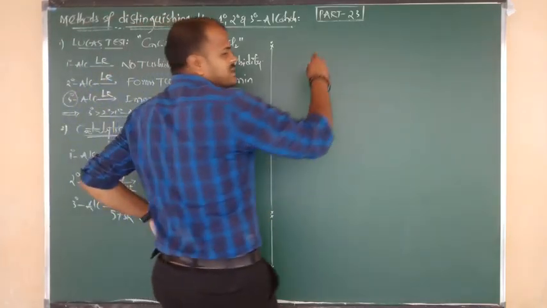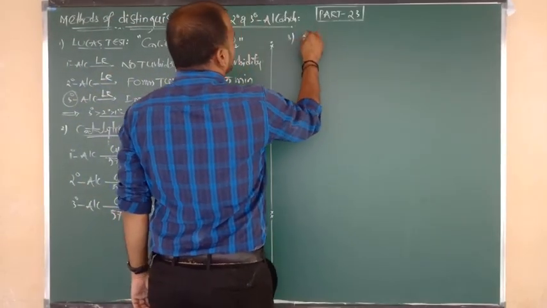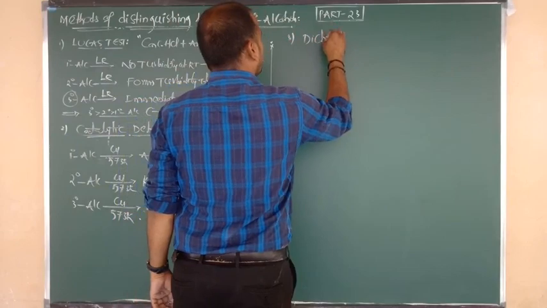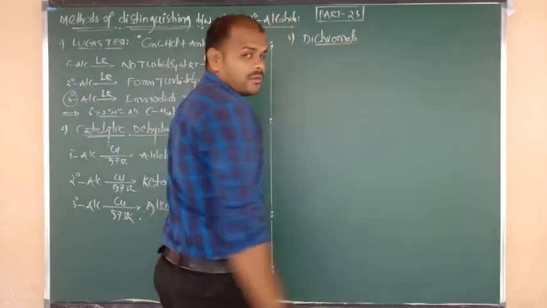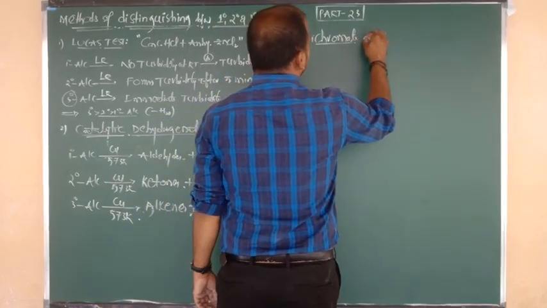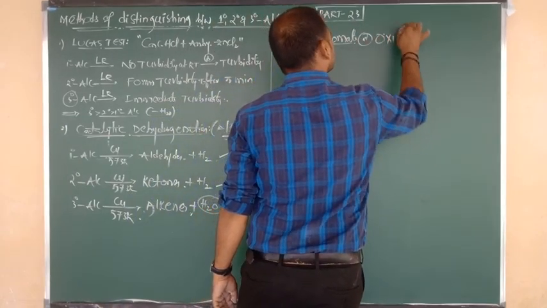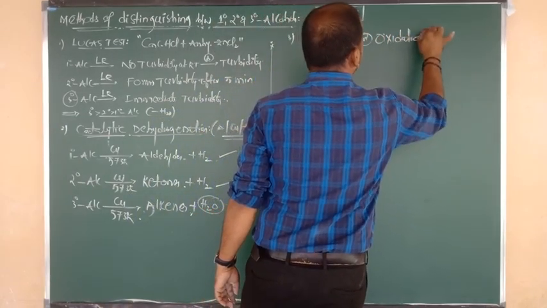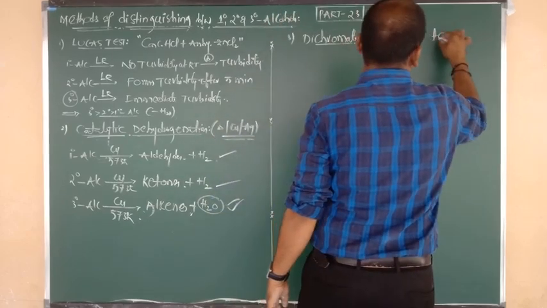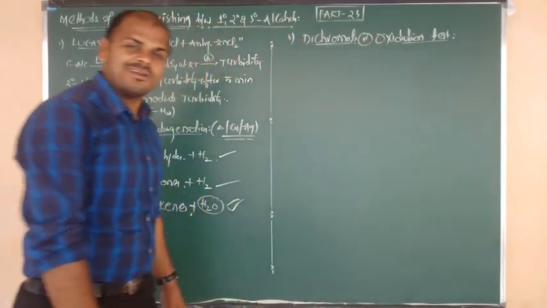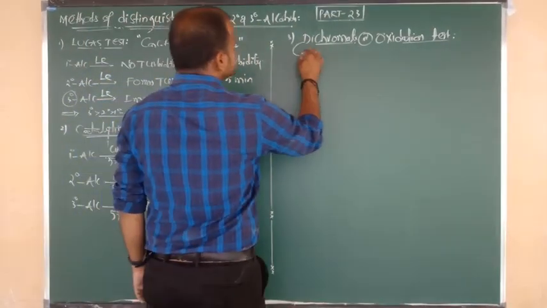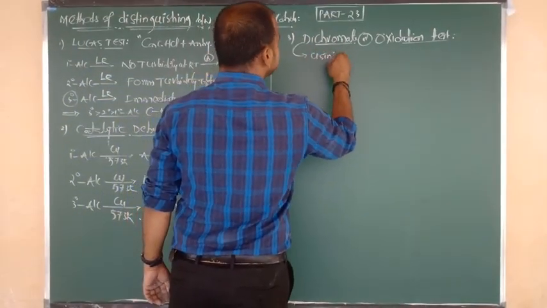Out of four methods, the third one is the dichromate test, and we can also say the oxidation test. Dichromate test or oxidation test. So using what?